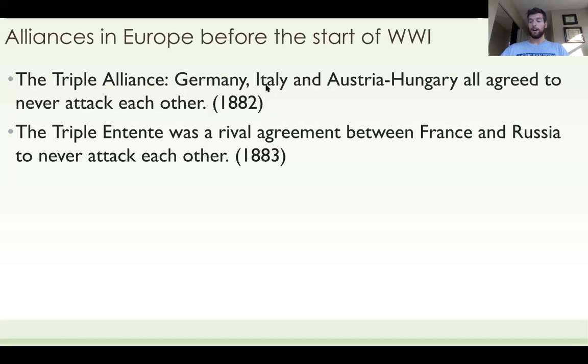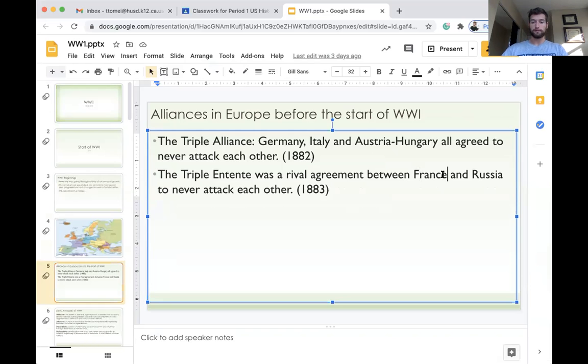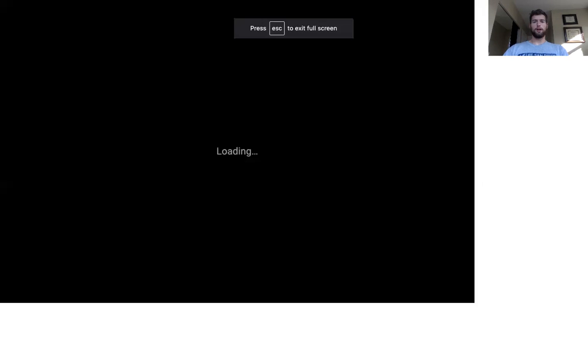The Triple Entente was a rival agreement that took place the following year, as a response, an alliance between France, Russia, as well as Great Britain. I don't know why I don't have that listed there. Make sure I do that now before I forget. So this is a rival alliance.